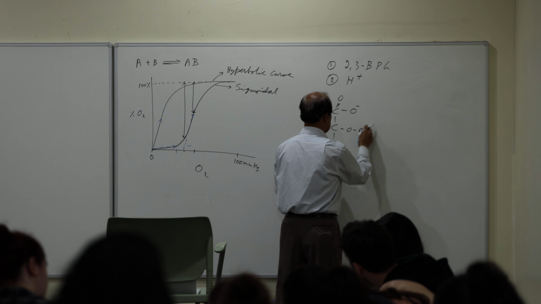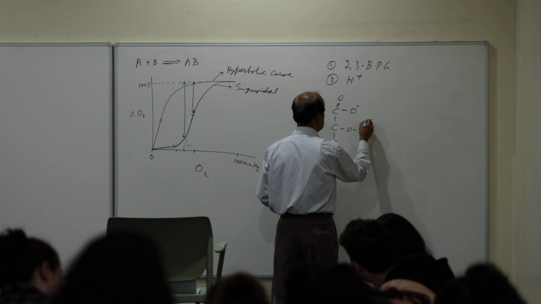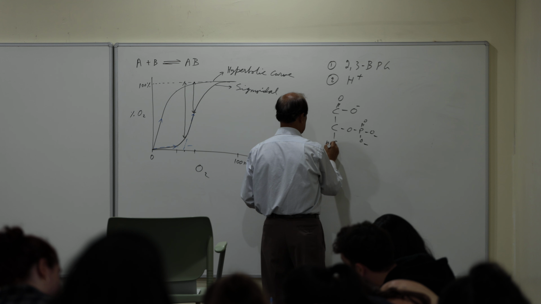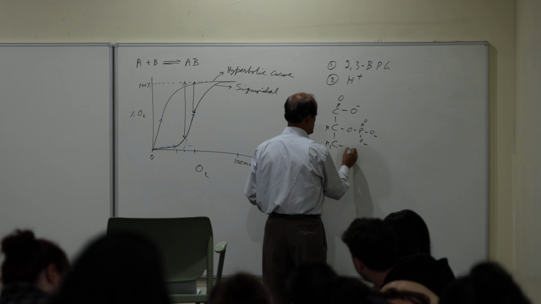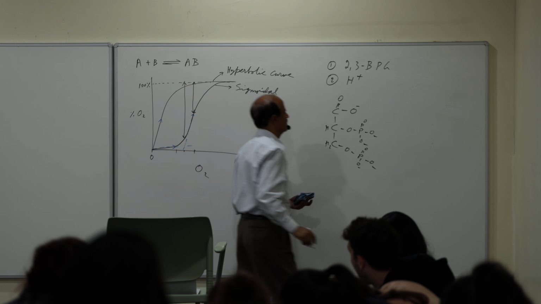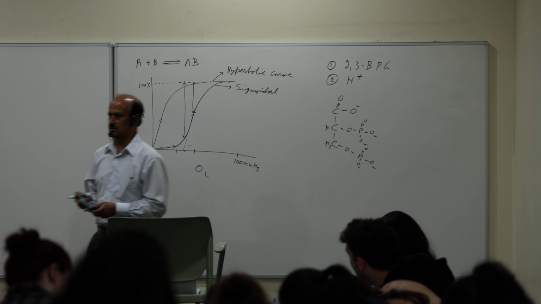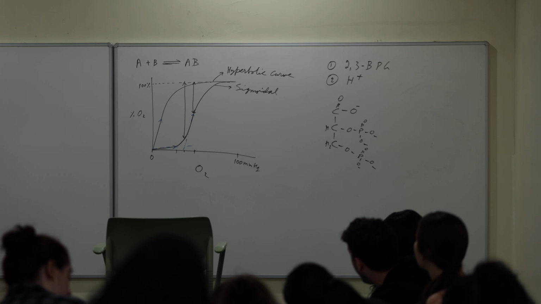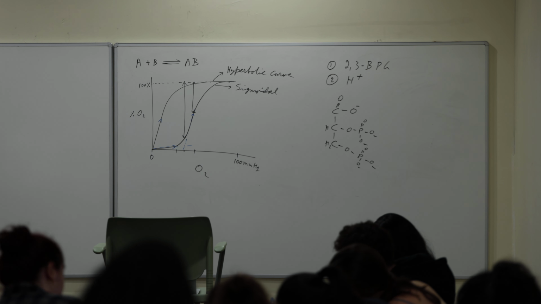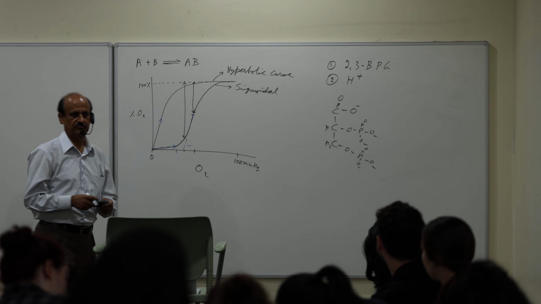So if I draw the structure, so this is 2,3-BPG or 2,3-bisphosphoglycerate, and this has how many negative charges? 5.